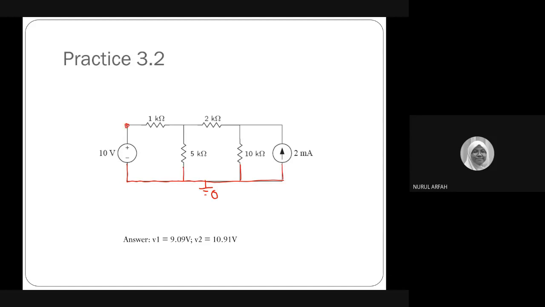What about this? This is A, this is B, this is C. What is A? Do you know the value or not? And what is B? What is C?